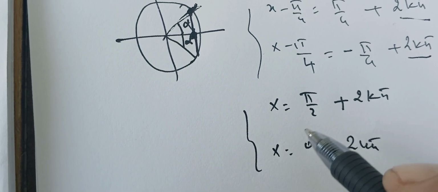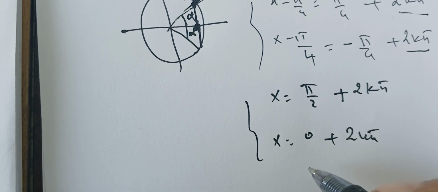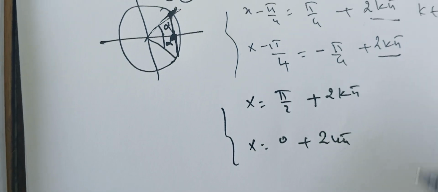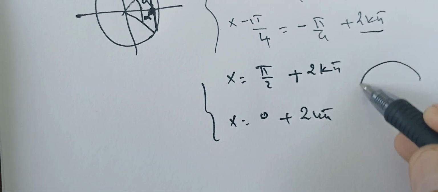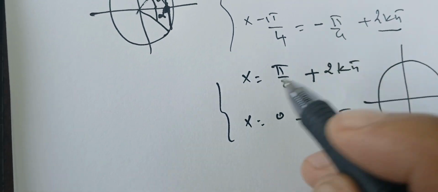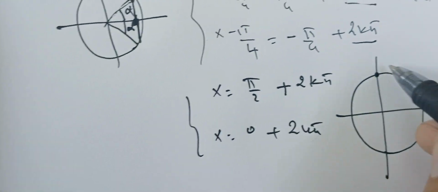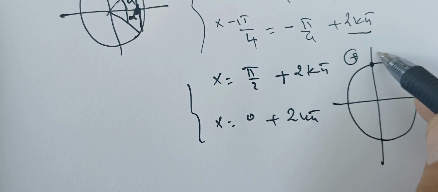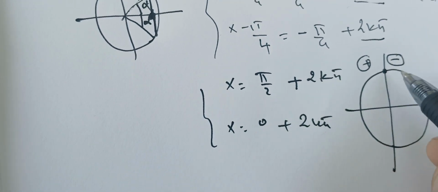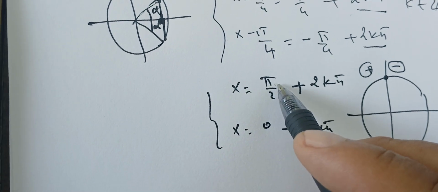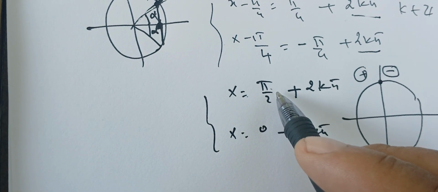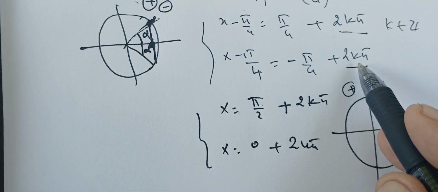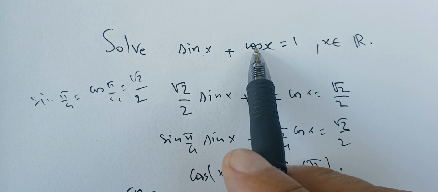If I try to represent the set of solutions on the unit circle, let's focus on this first one, pi over 2, and I come back to this solution after I make a turn around the circle, clockwise or counterclockwise. In this case, x is pi over 2, and here I have the cosine is 0 and the sine is 1, and therefore I have this sum here.